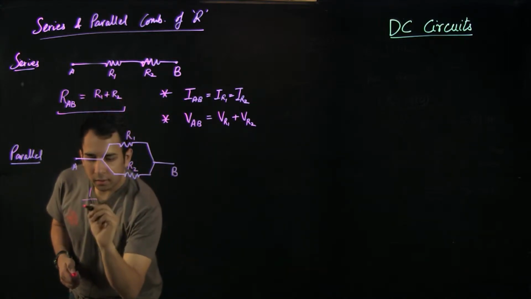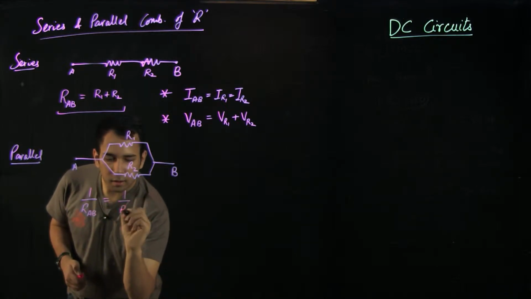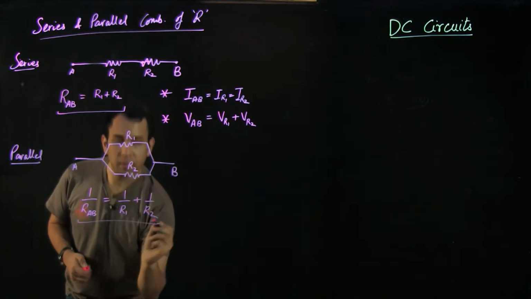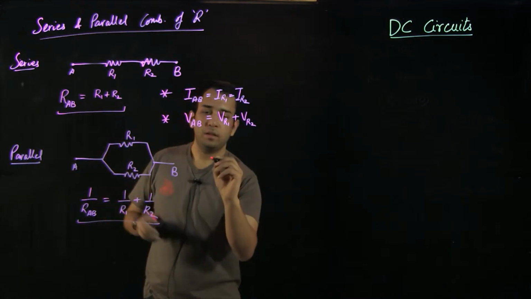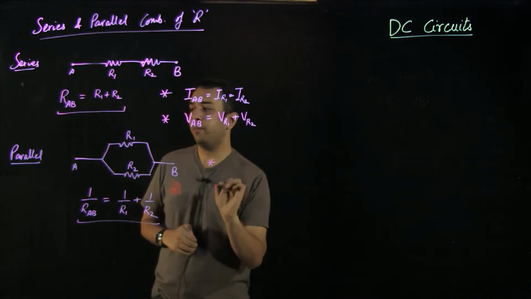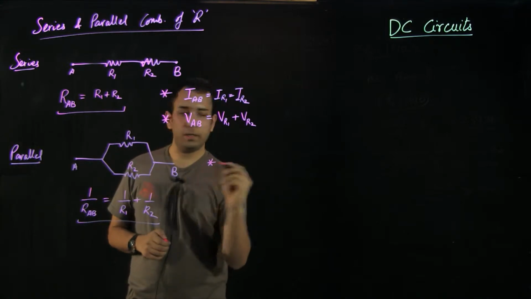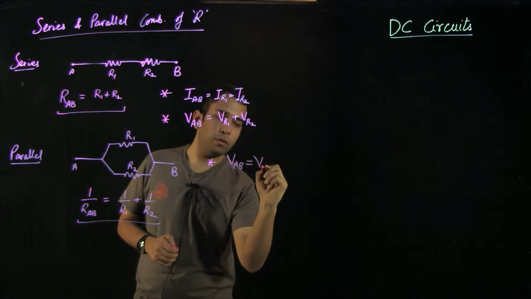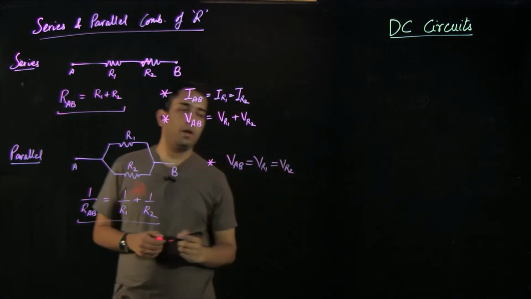Then the net resistance across AB is given by this formula. And similarly, as we saw in the series combination, there are two important points which govern the parallel combination of resistors. The first one is that VAB is equal to VR1 is equal to VR2.